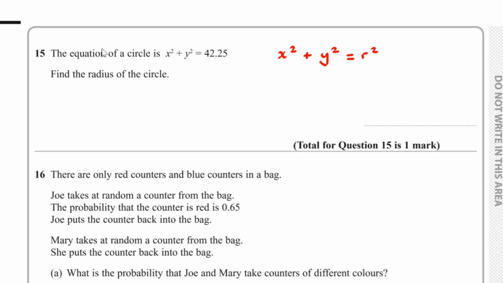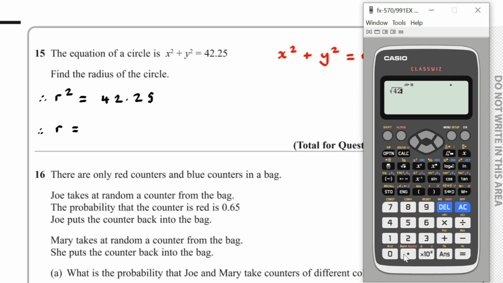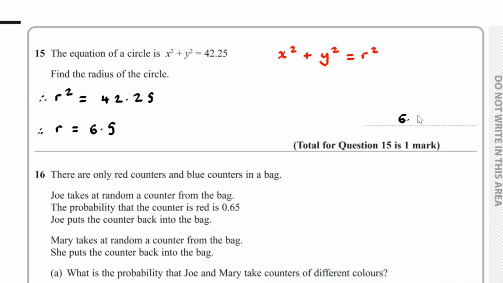So r squared, that's equal to 42.25, and therefore r, that's equal to the square root of 42.25, which is 6.5. So the radius is 6.5 units.